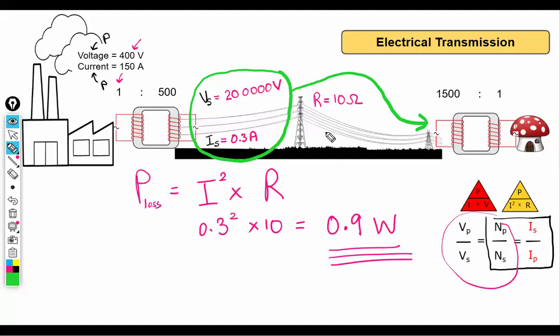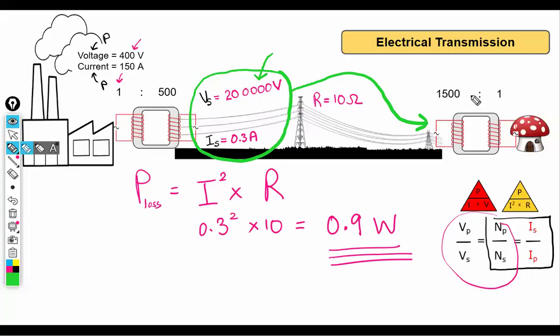I'm pretty sure your house could handle 0.3 amps. But guys, look at the voltage. 200,000 volts. If I send that voltage to your house and you plug in your phone to charge, what do you think is going to happen to you? I think you're going to blow up.